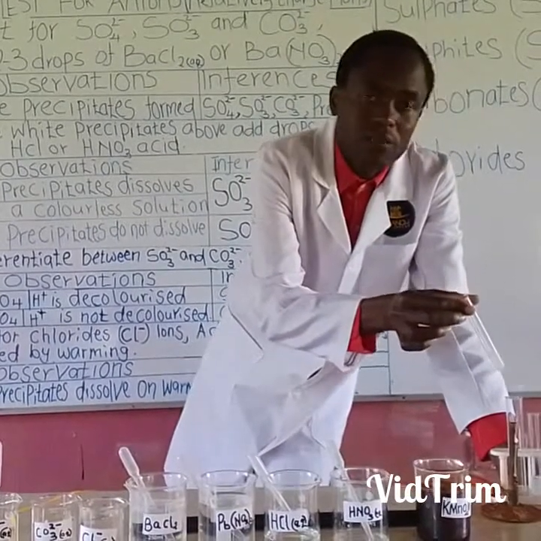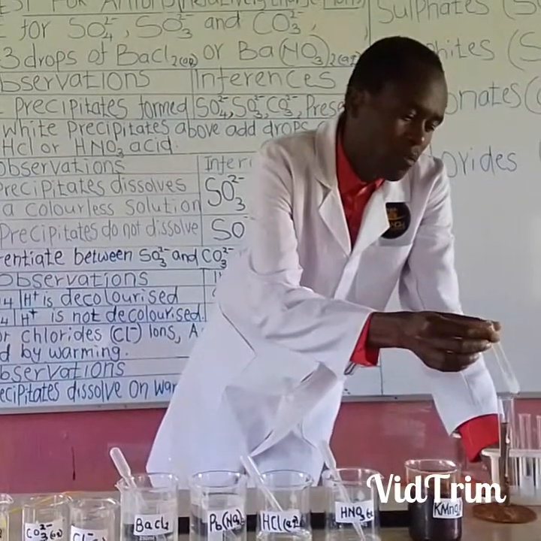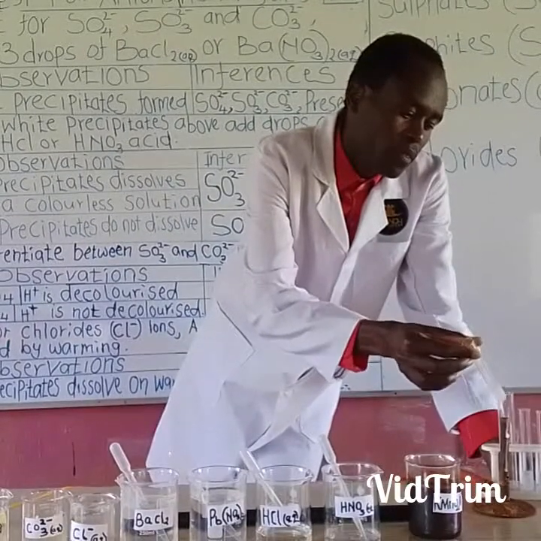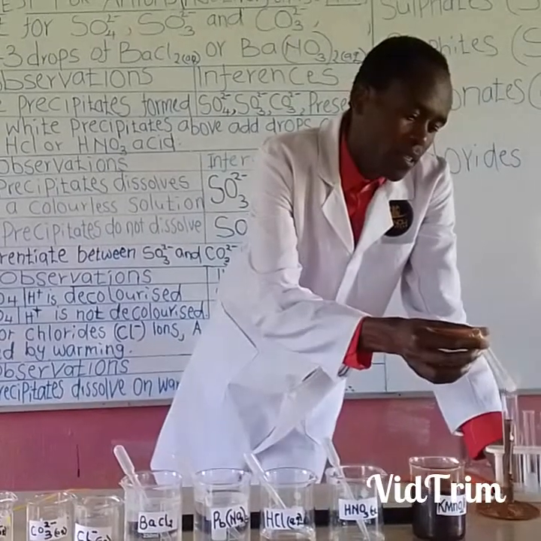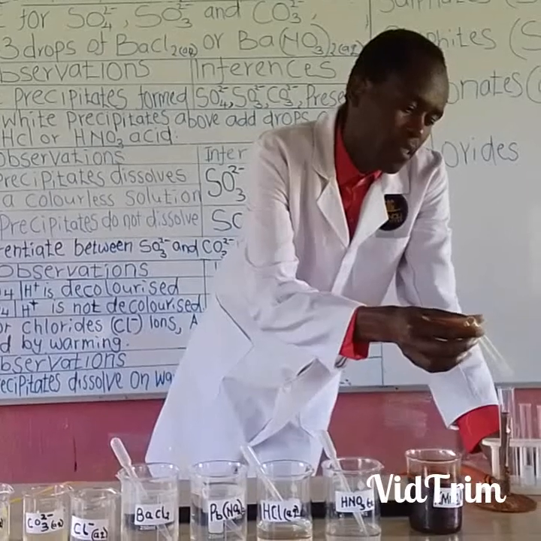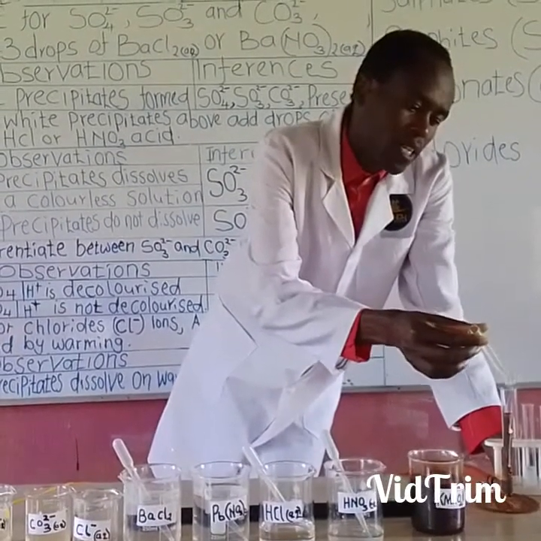Then you focus here clearly and see as I warm this one. What will happen to the white precipitates? And I said this one requires patience. You warm gently. Just observe and see.